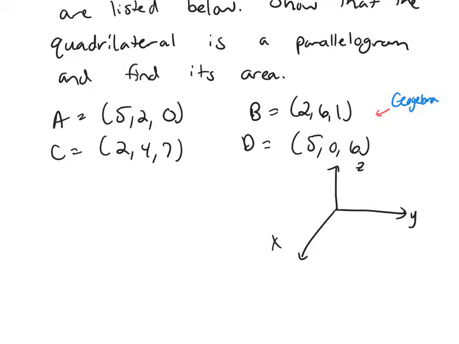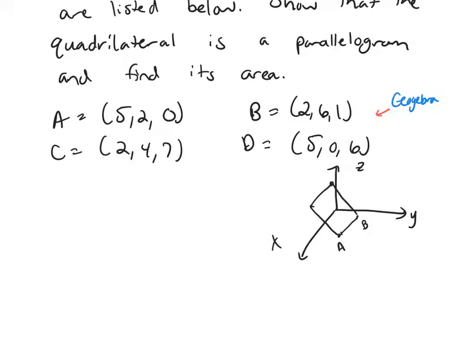A is over here, and then you have B here, and then you have D and C here and here. So it looks something kind of like that.